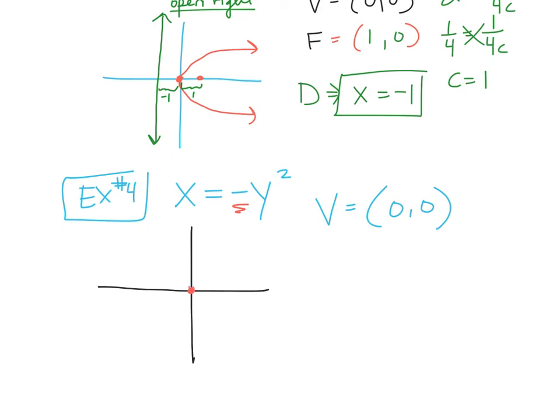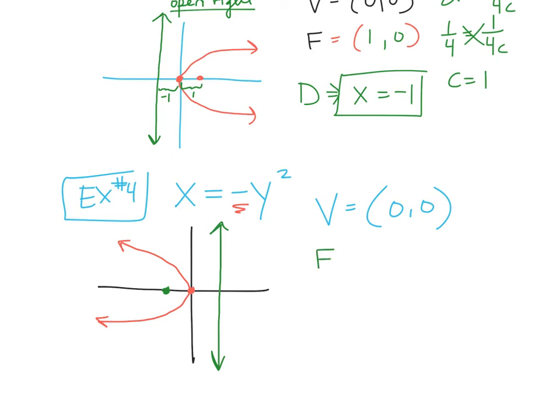So here's my vertex. We open to the left. My focus is going to be in here somewhere, which means my directrix is going to be on the other side, vertical, so that we don't hit our parabola at all.